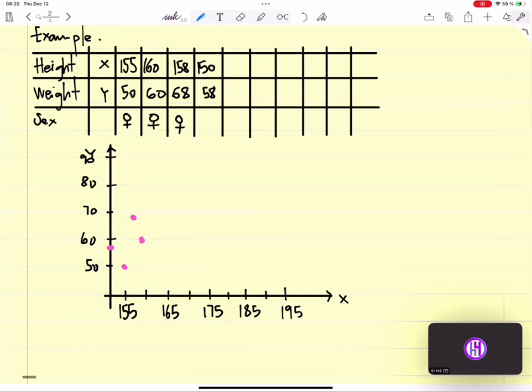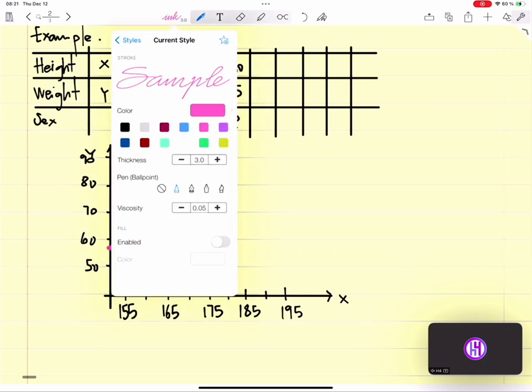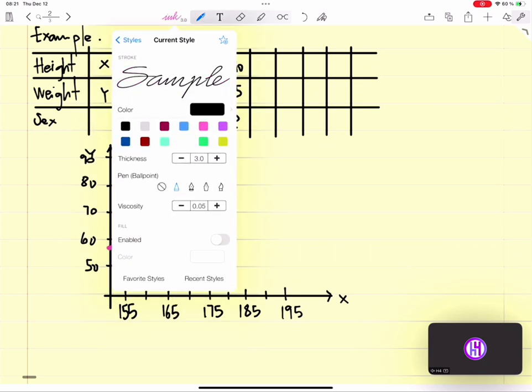And there's also a woman at 170 and 55, somewhere here. Okay, so these are all the points. They're clustered. We have women there.